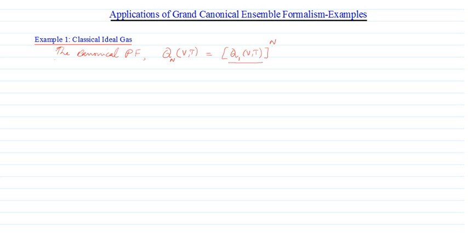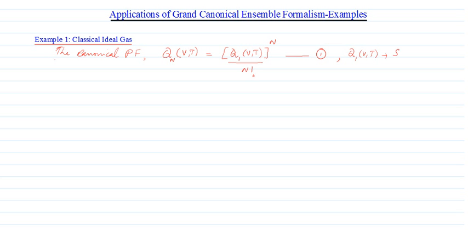This was the expression that we have used for the canonical partition function for classical ideal gas containing N number of particles, where Q_1(V,T) is nothing but the single particle partition function.